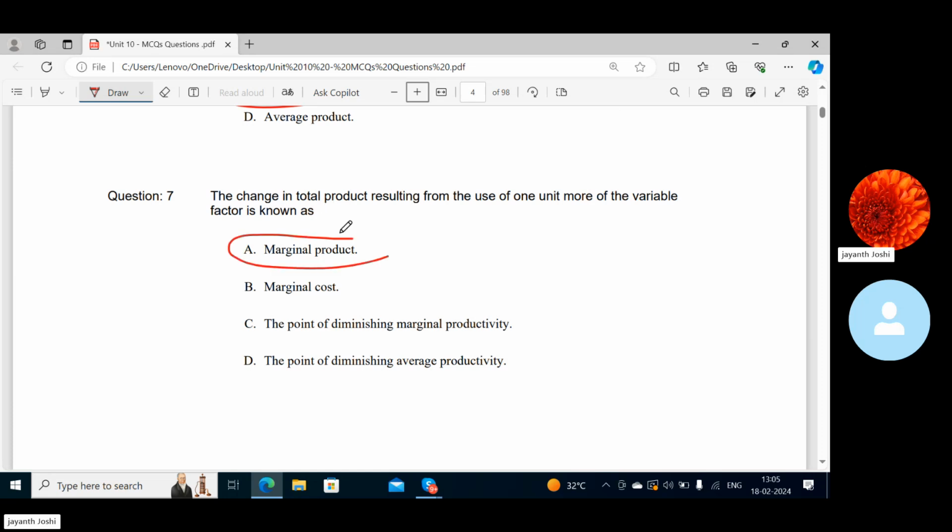So whatever additional unit we are making is going to be from the use of 1 unit more of variable factor. Variable factor can be labor or any factor of production, right? Yes.